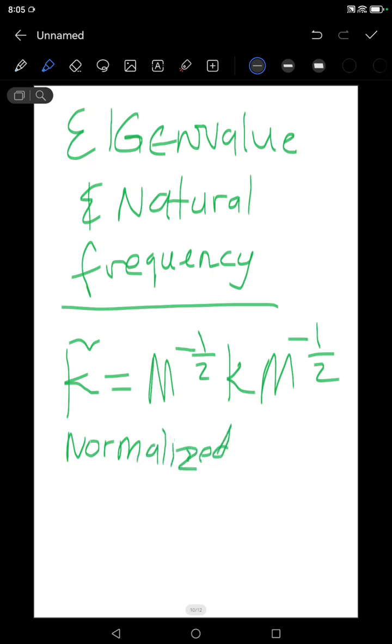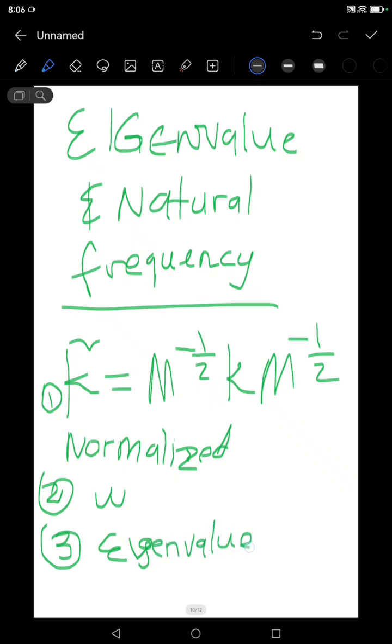Normalized stiffness is the first one, then the second one we're going to get the natural frequency, and the third one the eigenvalue and vector. And then the last part is where we determine the modal matrix and the spectral matrix.